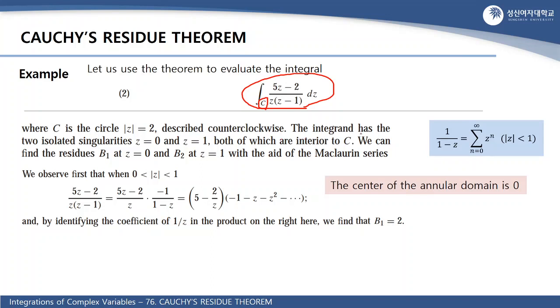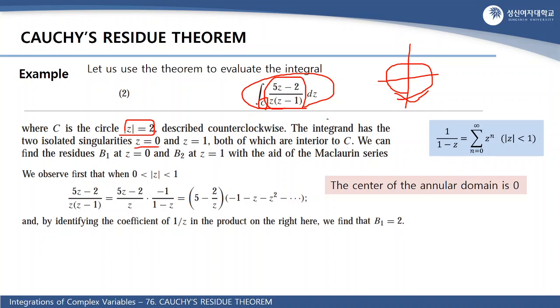We can see that the integrand has two isolated singularities, that is, the point z is 0 and z is 1. Both are placed in the interior of C, because we consider this contour, the radius of 2 with the center at the origin.